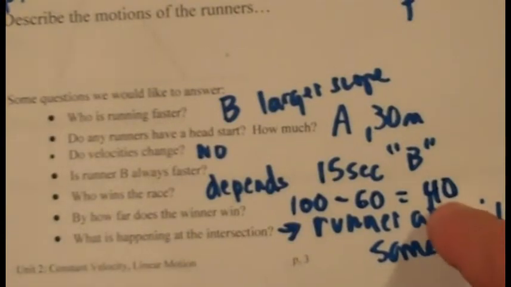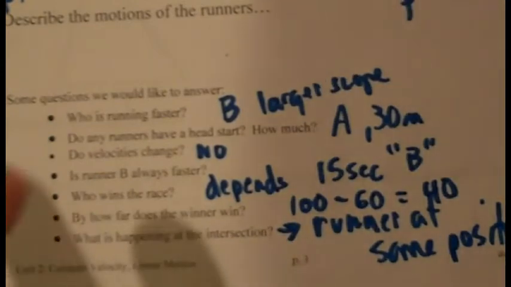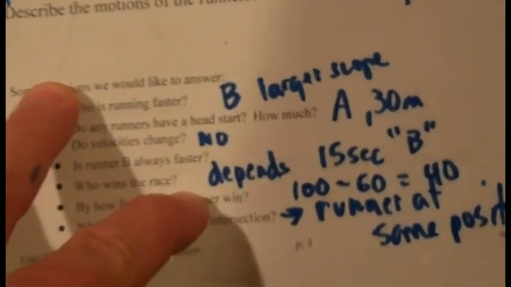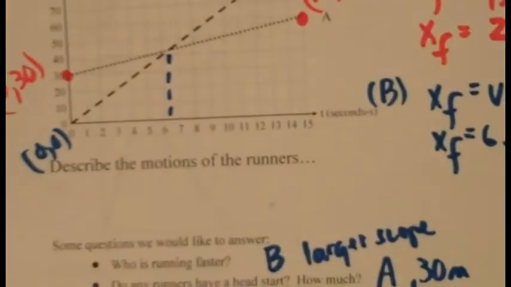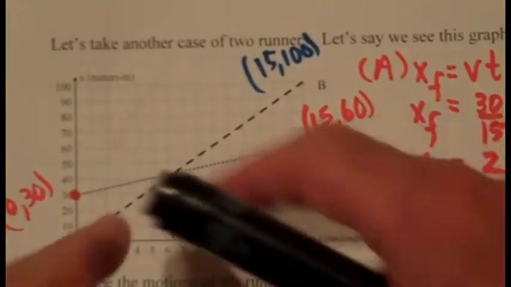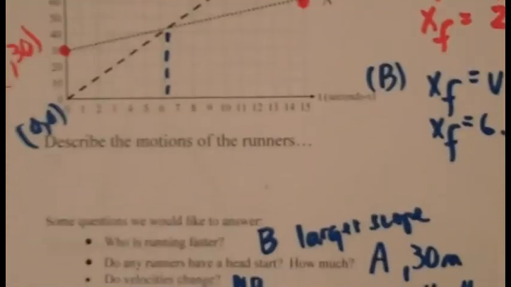So we can say that runner B is 40 meters ahead of runner A at 15 seconds. Okay, you got that? That's a pretty long page, but it's a pretty important page. You've got to be able to look at objects and compare what they're doing on a position-time graph, all right?